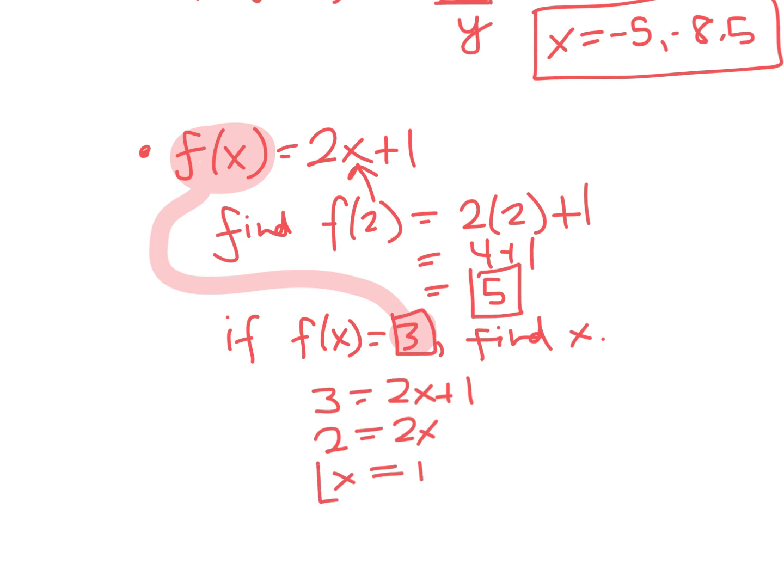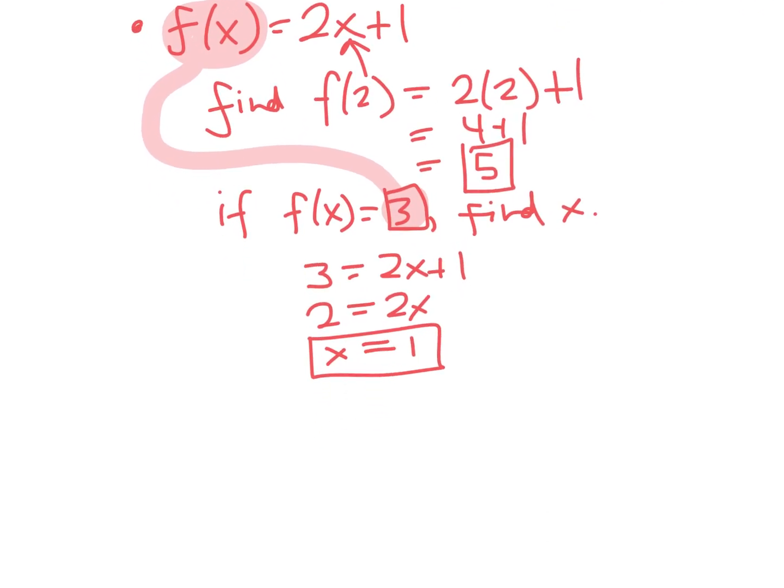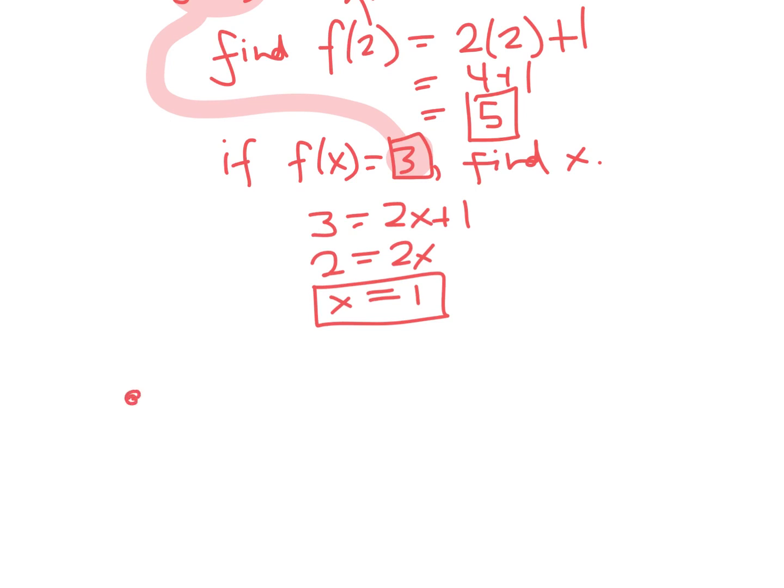Okay? Now the last way you could be asked to evaluate a function is if you're given a table. So let's show how we do that given a table. So that's our third way. I probably should have been giving titles to these other two.